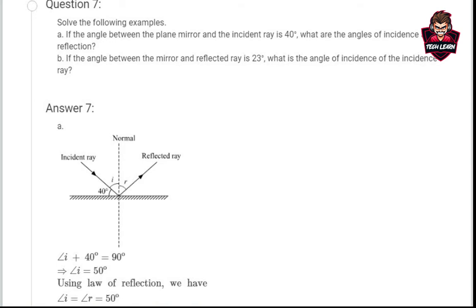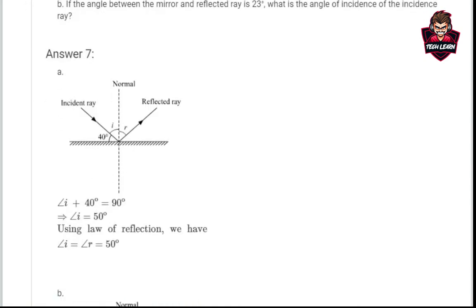As shown in the diagram, angle I plus 40 degrees is equal to 90 degrees. So angle I is equal to 50 degrees. Using the laws of reflection, we have learned I is equal to R is equal to 50 degrees. So R, the angle between the reflected ray and normal, is 50 degrees.